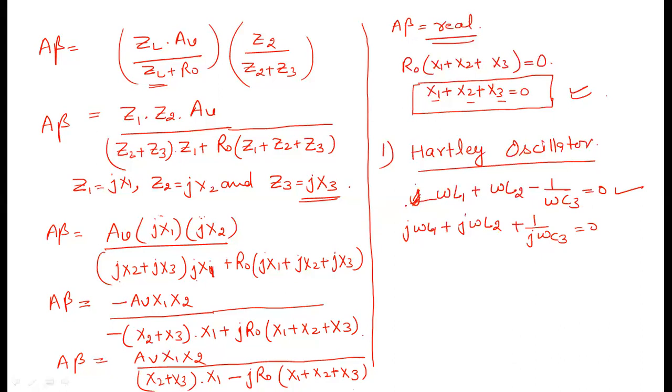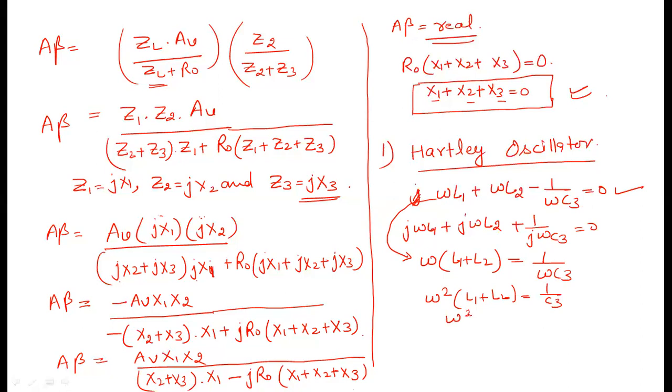So for this expression, we can write omega into L1 plus L2 is equal to 1 upon omega C3. So omega will be on this side, and we have omega square into L1 plus L2 is equal to 1 upon C3.